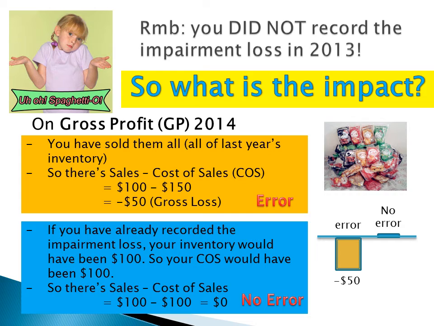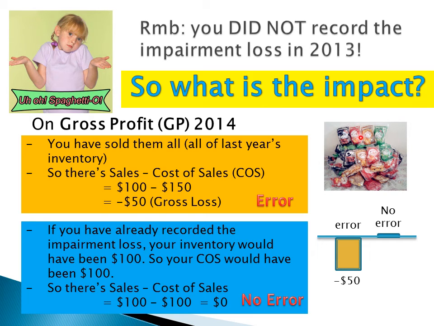Now remember, this is what happens when you make the error. Now 2014 will suffer this loss of $50. But technically speaking, if you have already recognized this extra loss in 2013, then 2013 should be the one that suffers the loss, not 2014. 2013 should be the one suffering the loss since the batch came from there, right?